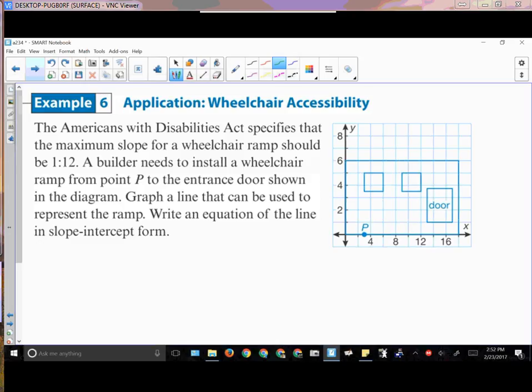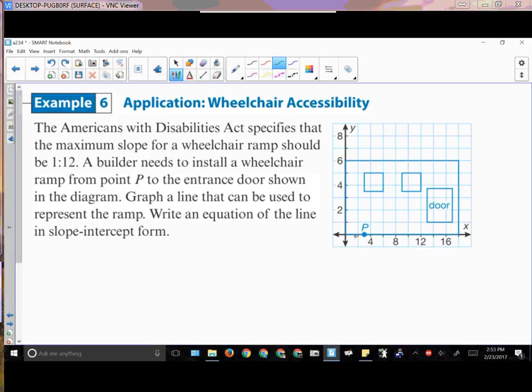The ADA, Americans with Disabilities Act, specifies that a maximum slope for a wheelchair should be 1/12. A builder needs to install a wheelchair ramp from point P to the entrance door shown in the diagram. Graph a line that can be used to represent the ramp. Now, fortunately for us, that's 12 units over.